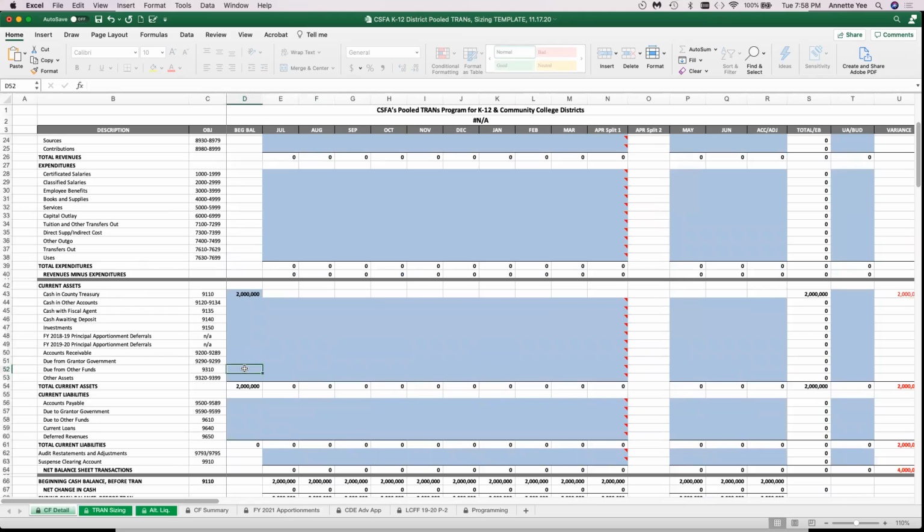A good example is health and welfare benefits, for example. Maybe the general fund pays the bill for all of the funds of the district, maybe adult ed, cafeteria, child nutrition fund, state preschool fund, and at the end of the year, it's owed money.